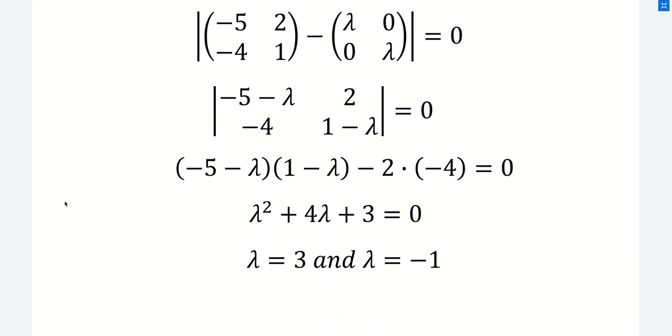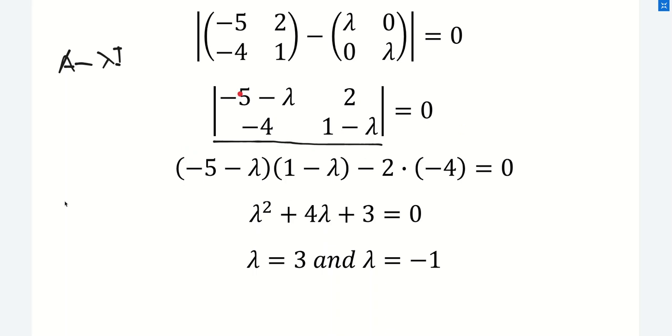So let's look at this. We saw this matrix earlier on. Then we have our equation, which is when you complete this expression, A minus lambda I, and we put it equal to zero.